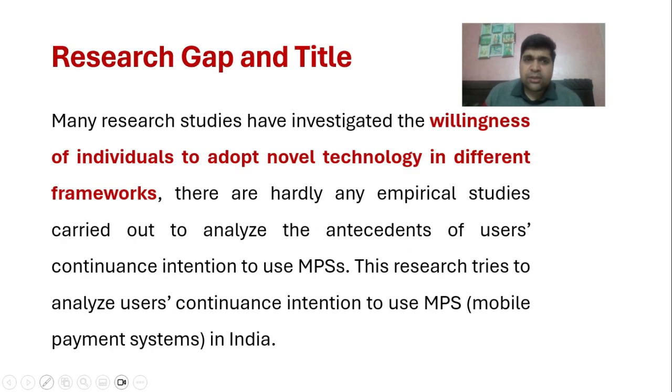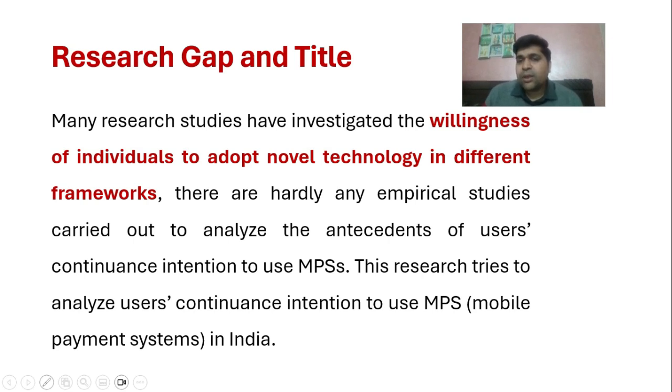Coming to this research gap and title. Now, what is the relationship between the research gap and the title of your study? See, there may be 10, 15, 20, 50, 100 or 1000 research gaps in the existing literature because not everything has been studied. I have covered this in my first video also.